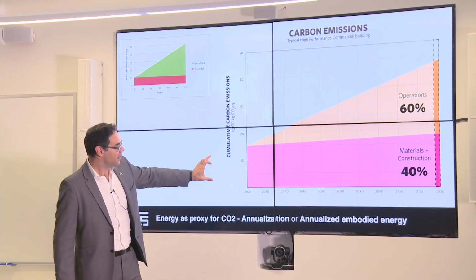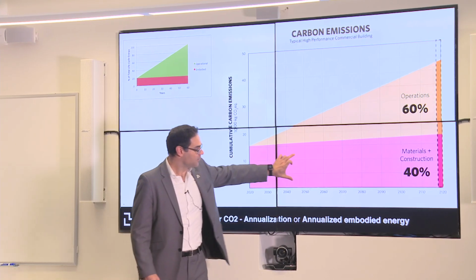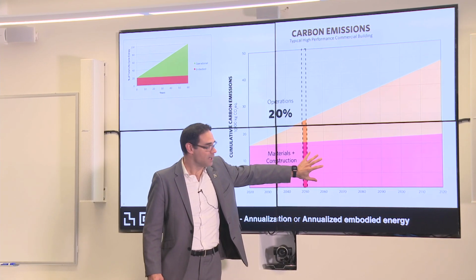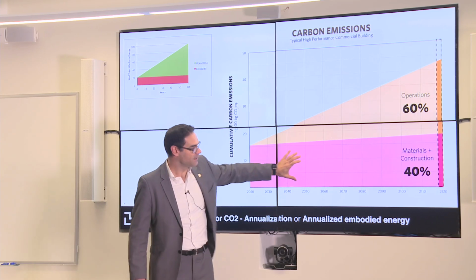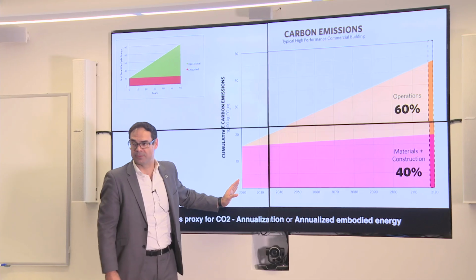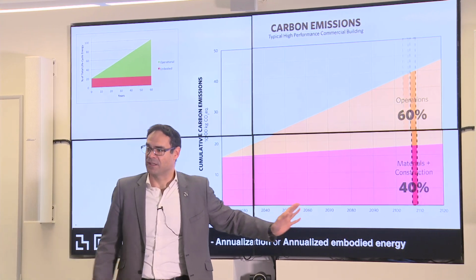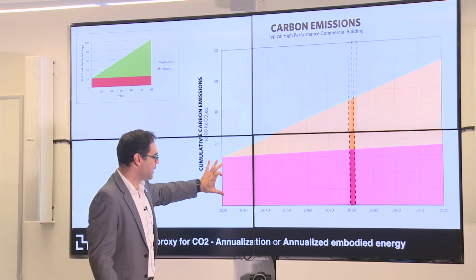I don't know if you're familiar with how you measure the CO2. This line over here is the embodied CO2, okay? This pink line. So you have all the CO2 that you need to produce the car, and then you divide it over 10, 20 years, depending on the life of the car. That's why it's homogeneous.